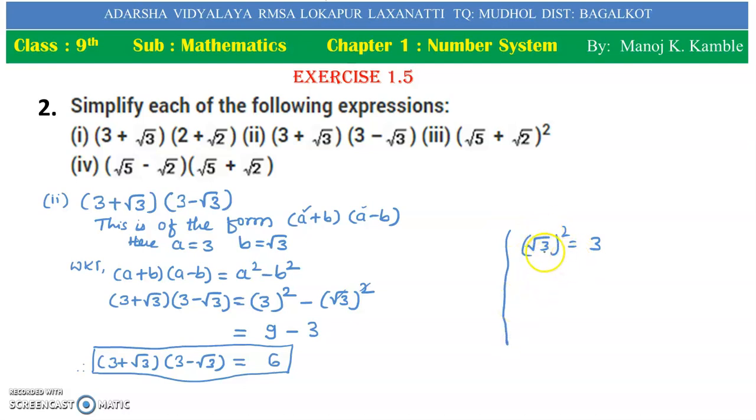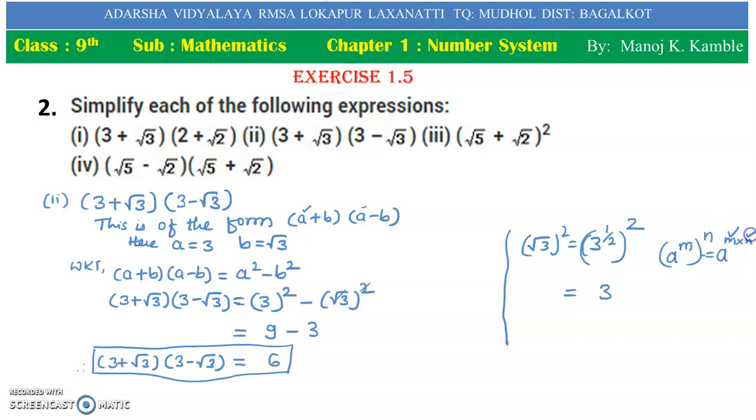So it means 3 as it is, the root symbol means exponential half. Square root means it is the exponential half and square as it is. So here we already know the law of exponents: a raised to m whole raised to n is equal to a raised to m into n.